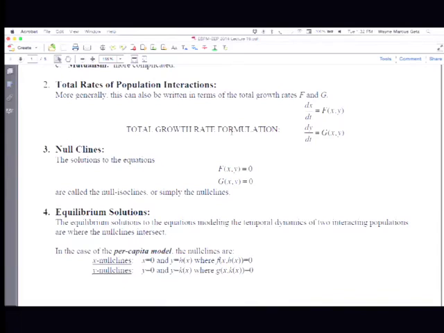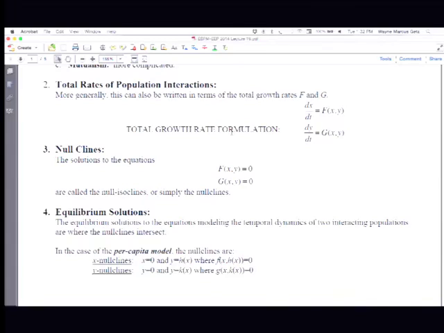However, if I just look at one of these, f(x,y) equals 0, what does that represent? So let's say f(x,y) was equal to something like ax minus bxy. Then if f(x,y) equals 0, I would say ax equals bxy.